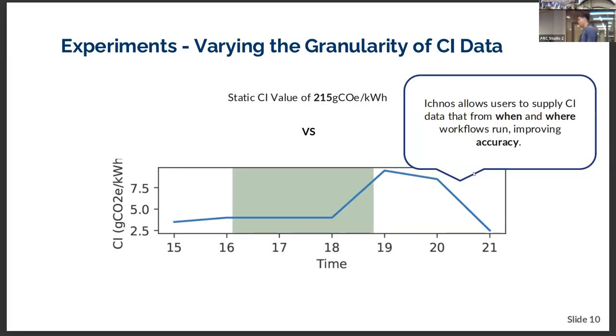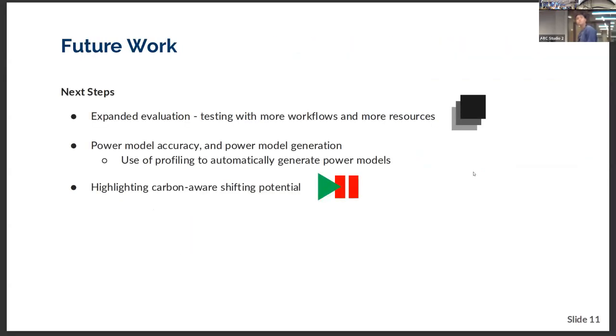So we were able to estimate the footprint with both of these figures using our tool. The estimate from Ichnos was 0.33 grams, whereas the one with the yearly average was 18 grams or something like that, which is around 60 times larger. So we're saying that Ichnos allows you to improve your accuracy by using region and time-specific data when possible.